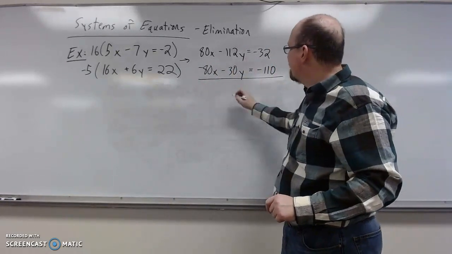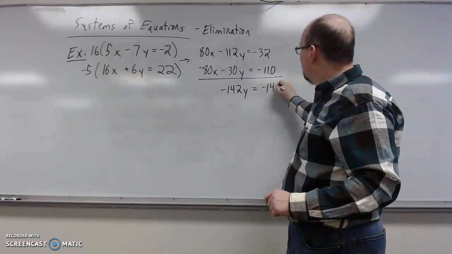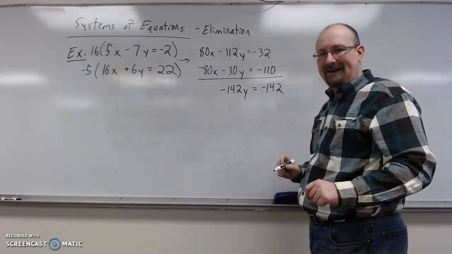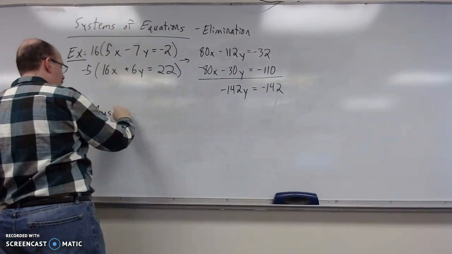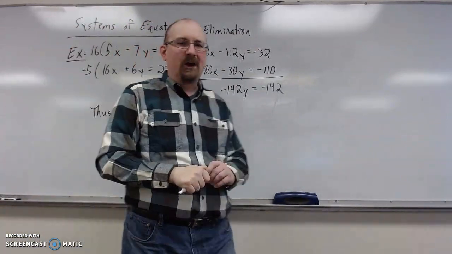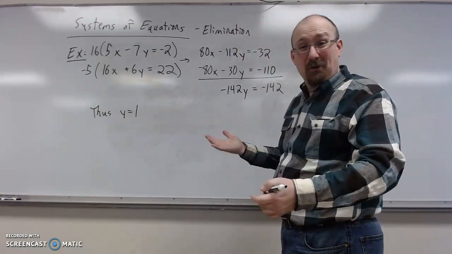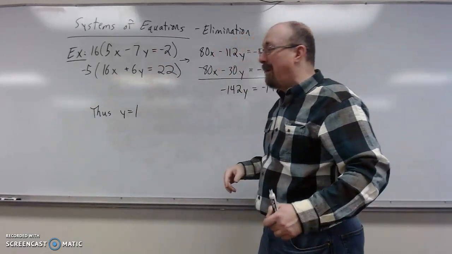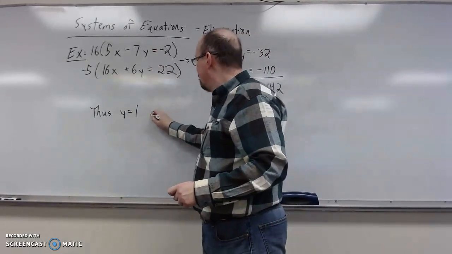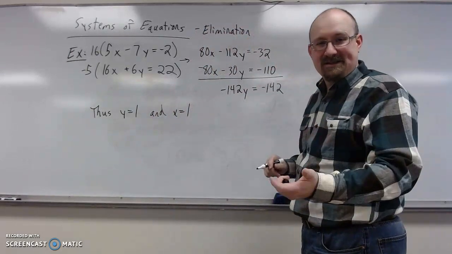I combine those together, that gives me -142y. Over here, I get -142 again. So y equals 1 in this instance, and I'm going to leave it to you as a check that if you plug y equals 1 back into either of these two equations, you're also going to end up getting that x is equal to 1.